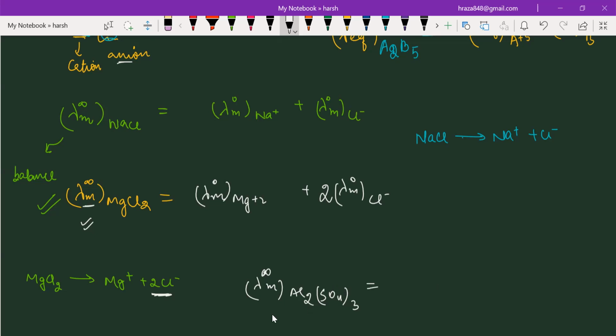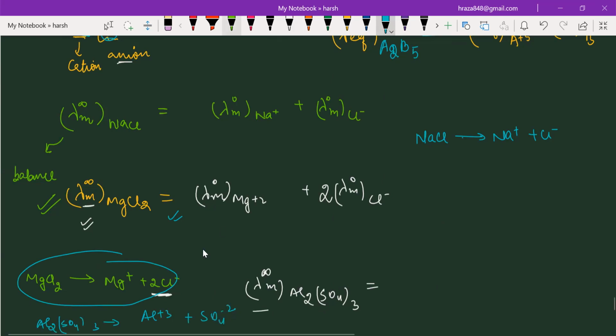That is good, but let me know the value of lambda naught m of Al2(SO4)3. You just did this part only. You have to balance it. This is Al plus 3, you told me, and this is SO4 minus 2. Now you have to multiply Al by 2 and SO4 by 3. See what happens here. This is Al plus 3, but in case of molar conductivity, we have to multiply it by 2 because it is 2 mole here, and lambda naught m of SO4 minus 2, and here we need to multiply by 3.